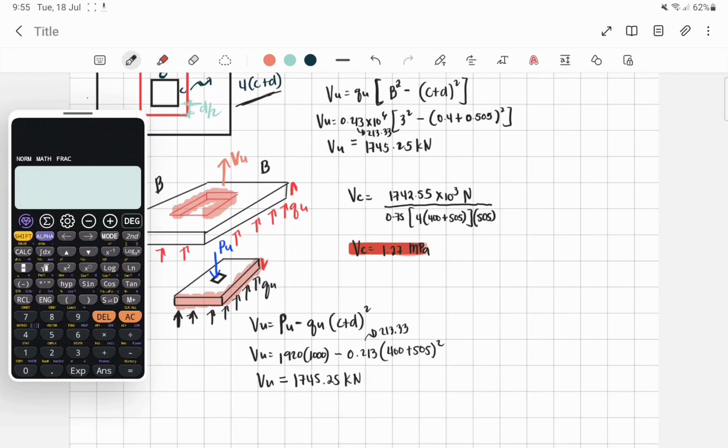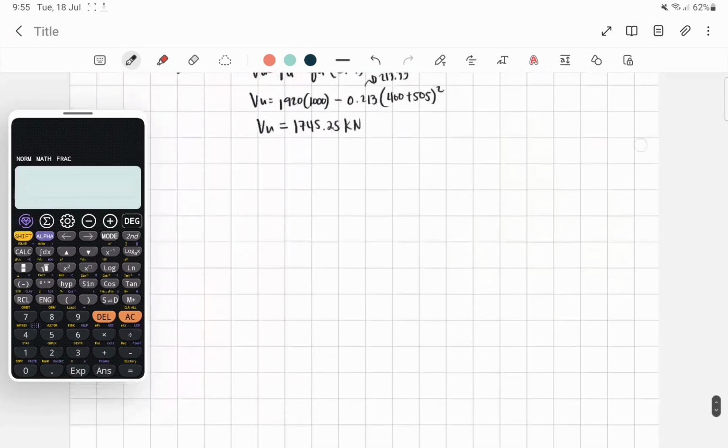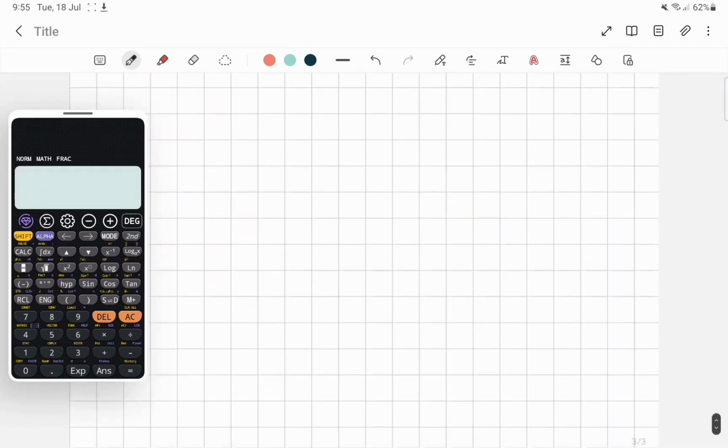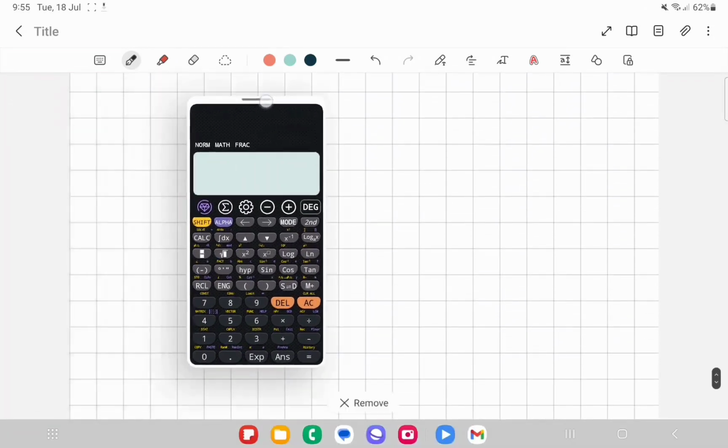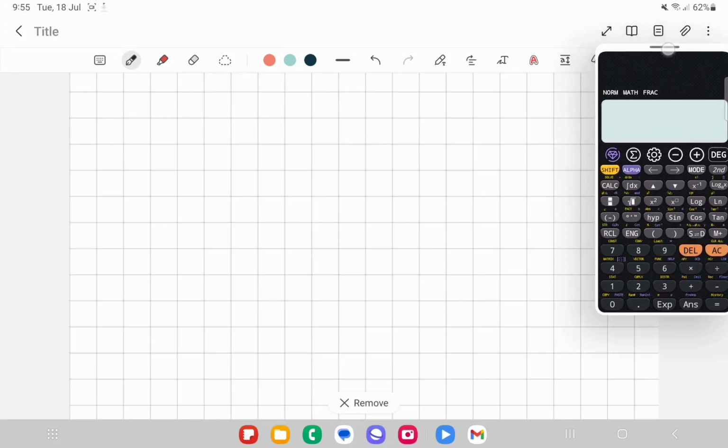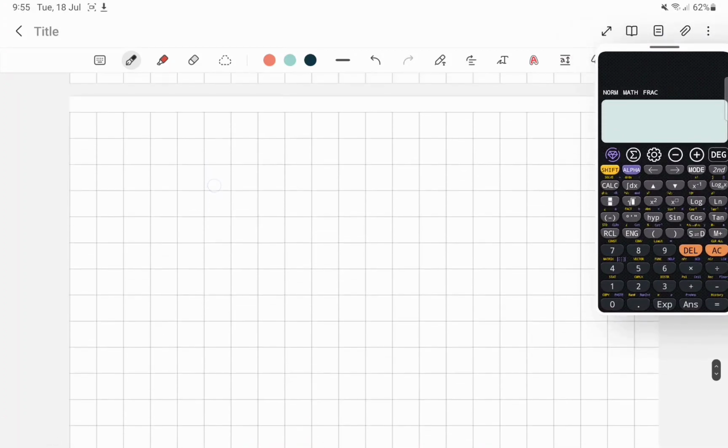So let's proceed to question number 4. What is question 4? That is for the ultimate bending moment.